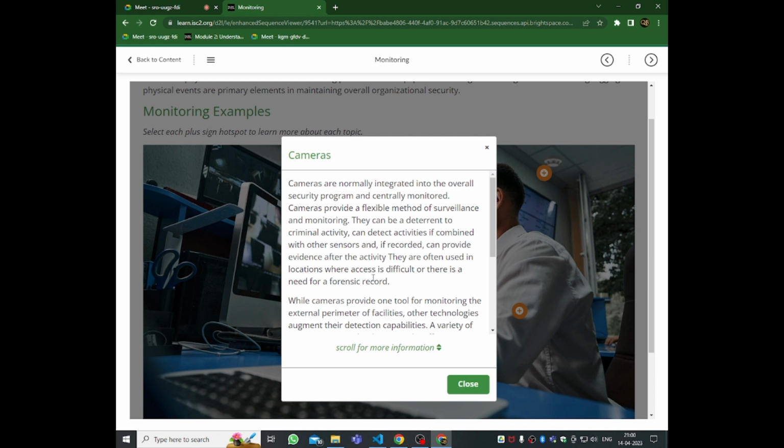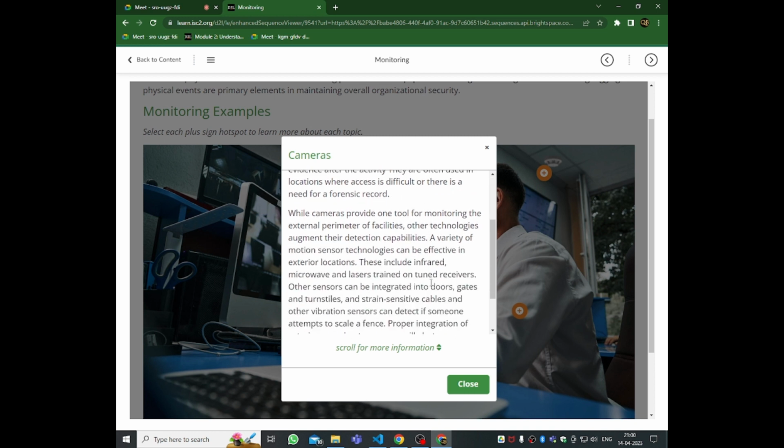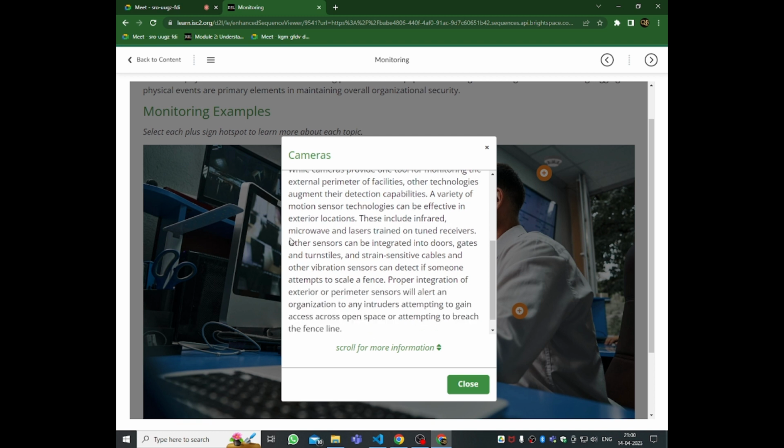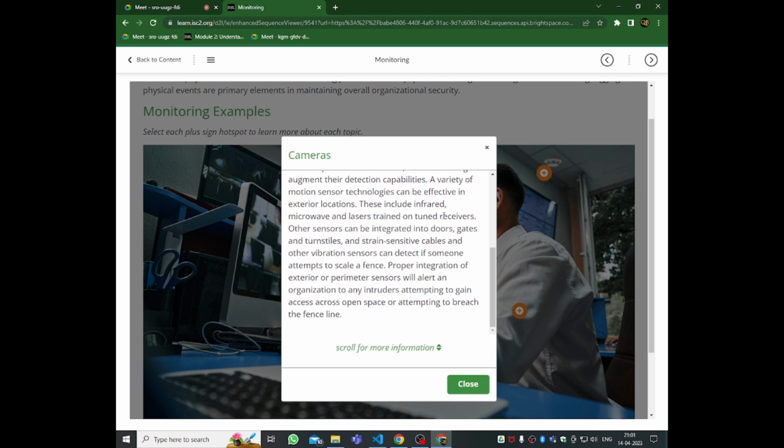So while cameras are one tool for monitoring the external perimeter of facilities, other technologies augment their detection capabilities. A variety of motion sensor technologies can be effective in existing locations. These include infrared, microwave, and lasers trained on targeted areas.